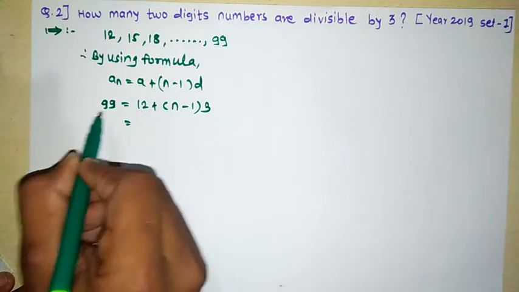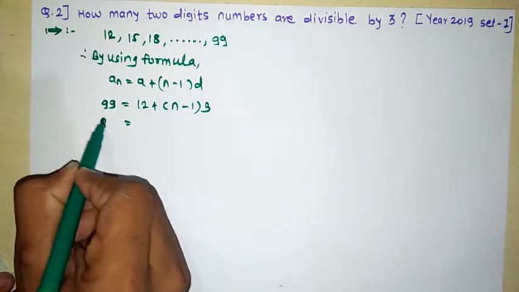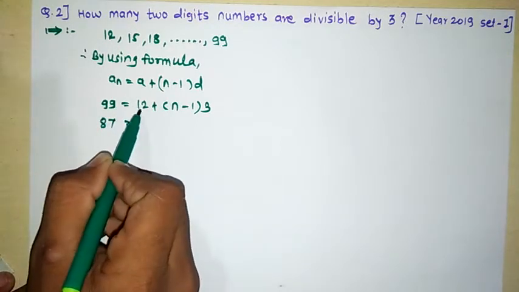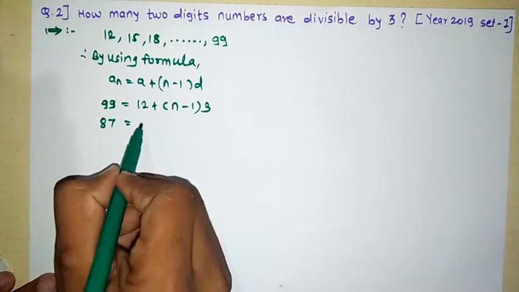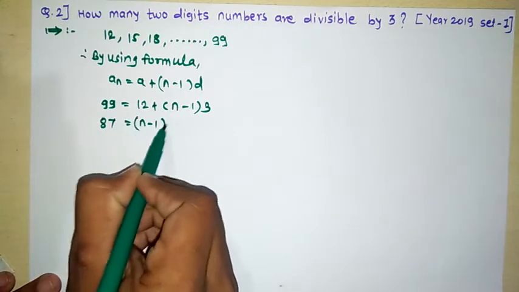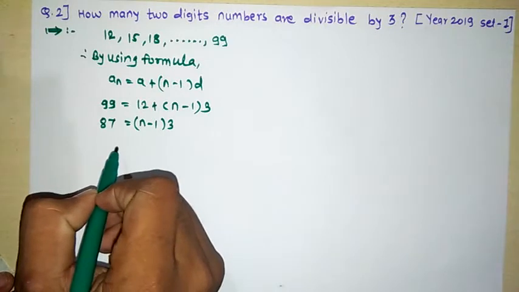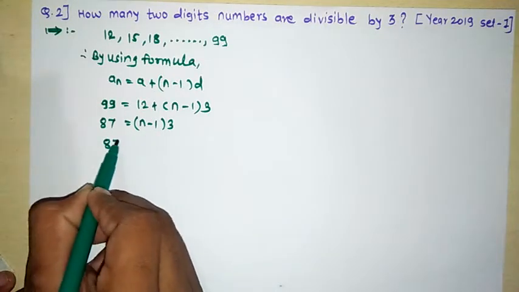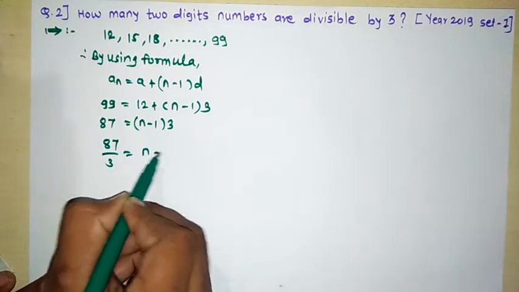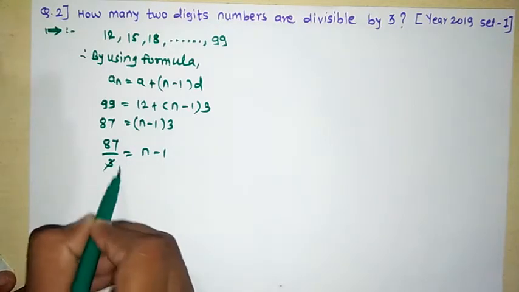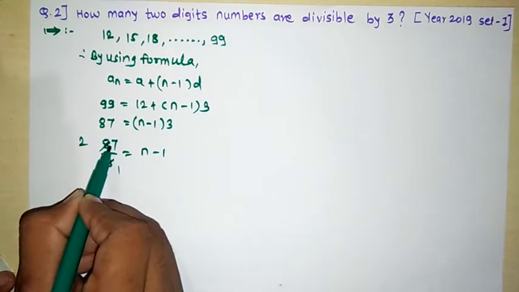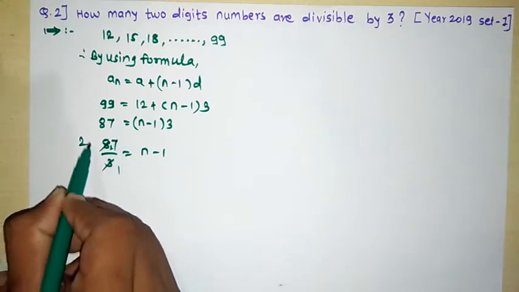Now send this 12 towards the left hand side, it will become 87. 99 minus 12 is equal to 87, which is equal to (n minus 1) into 3. Now send this 3 towards the left hand side, it will go to the denominator. Therefore 87 divided by 3 is equal to n minus 1. Now 3 1s are 3, 3 2s are 6. How many left here? 2. 3 9s are 27.